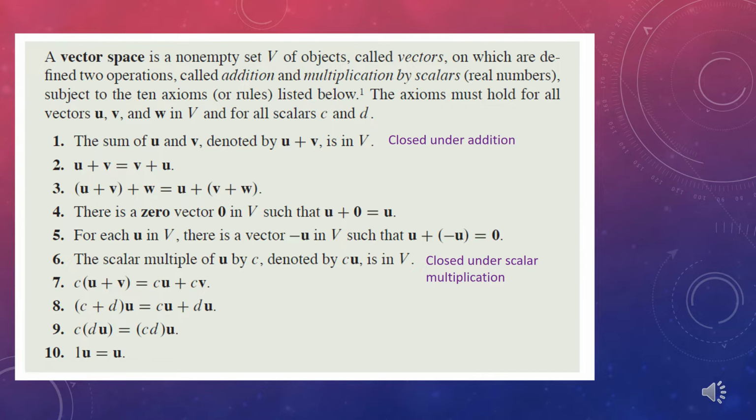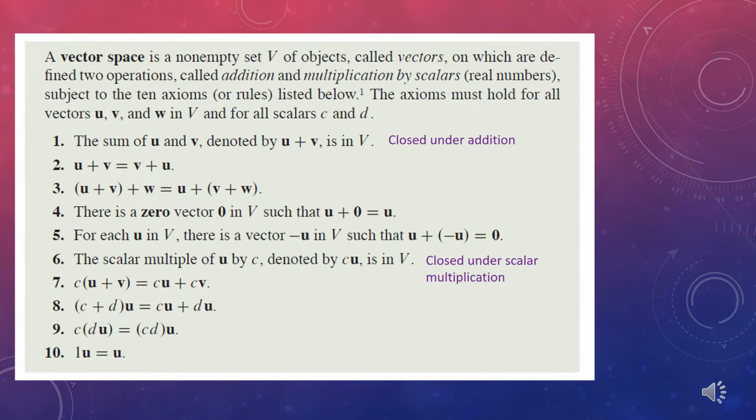There also needs to be an opposite for every vector, and what it means to be an opposite is when you add two objects that are opposites, you need to get 0. So every object in your vector space needs to have an opposite in the vector space also, because you need to be able to take any item and add its opposite to get 0.